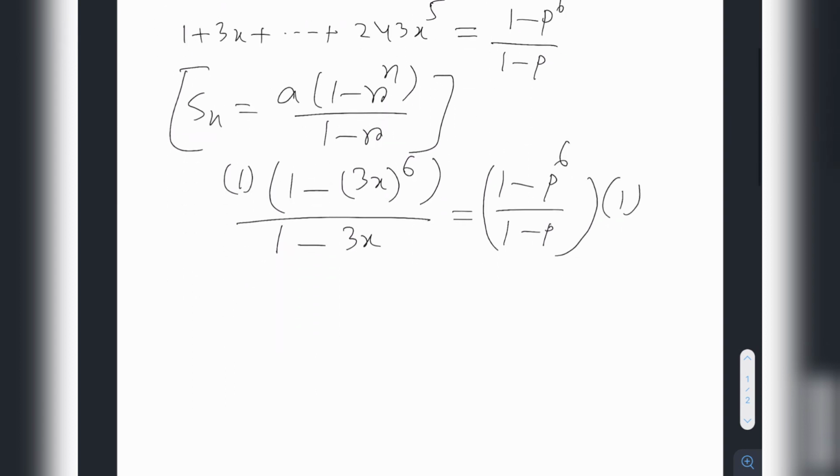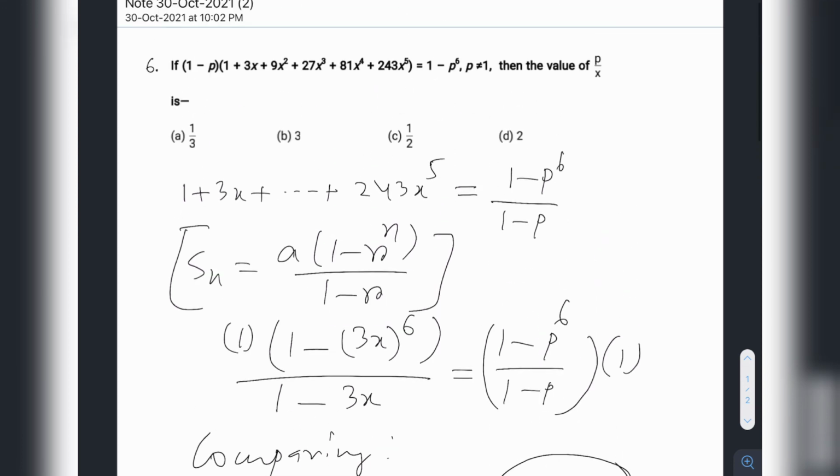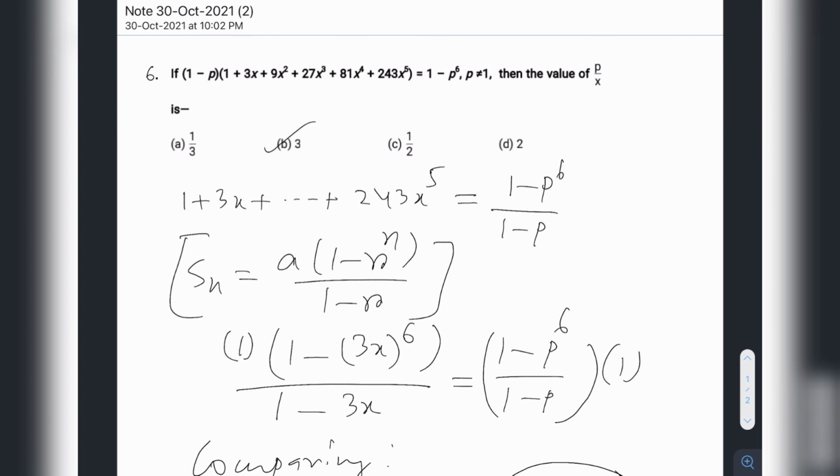So comparing, এবার কম্পেয়ার করলে এখানে কি পাবো, p equals 3x, that is p over x equals 3. So option B is correct. That will be all.